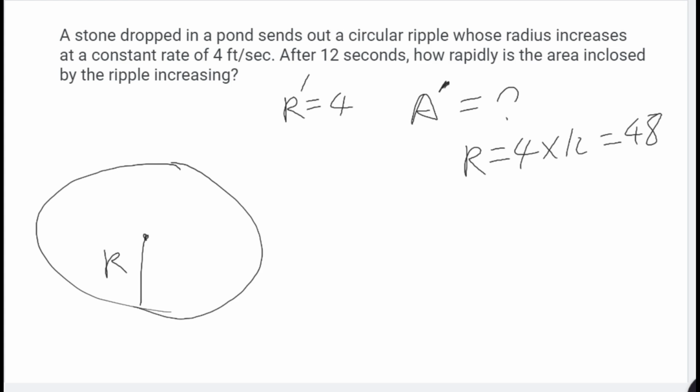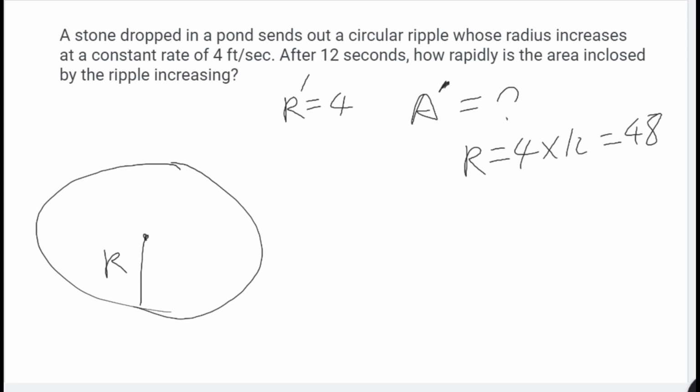So we're going to turn this information into a value of r, at the moment we are supposed to figure out A prime. So the mathematical question is, what is A prime when r is 48, 12 seconds later.